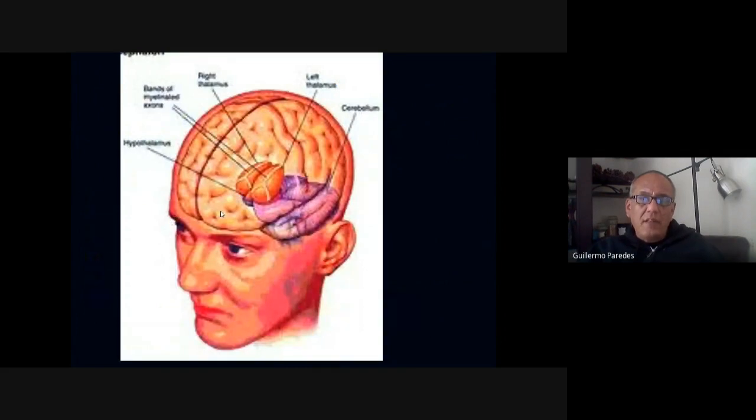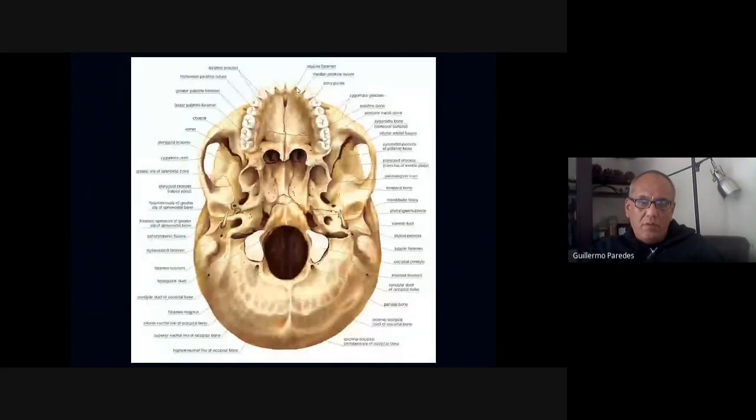So we have here the hypothalamus, and we have the cerebellum. Whatever connections you can imagine are sharing information simultaneously, in real time, right now. This is the area we have here, this opening. All this is the occipital bone.